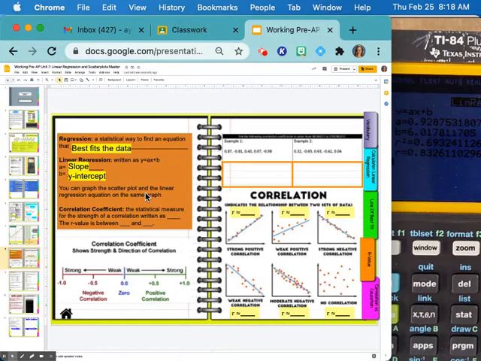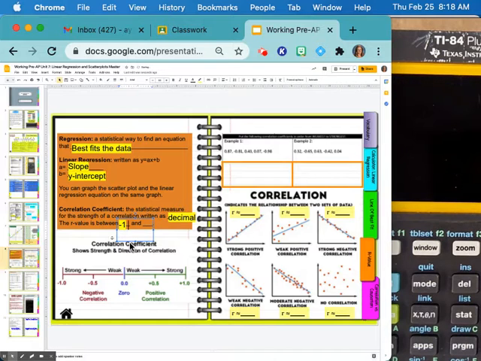You can graph the scatter plot and the linear regression equation on the same line. Correlation coefficient is a statistical measure for the strength of a correlation written as a decimal. There we go. And the R value is between -1 and +1.